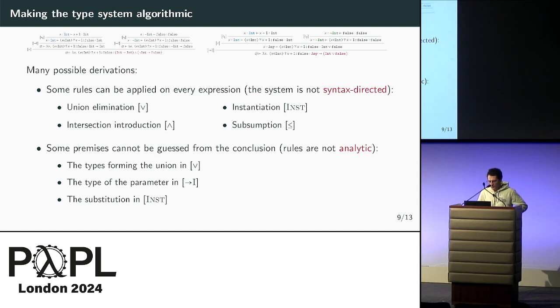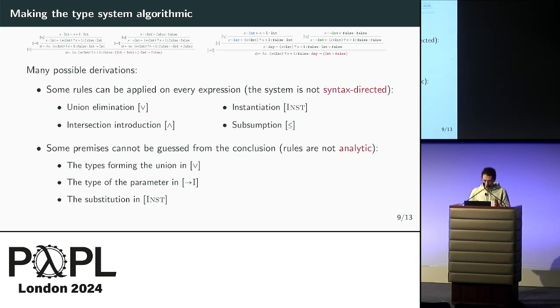Also, in some rules, some premises cannot be guessed from the conclusion. This is the case, for instance, in the union elimination rule of the type decomposition, or when we have a lambda abstraction, we have to guess the type of the parameter, or in the instantiation rule, we have to guess a substitution.